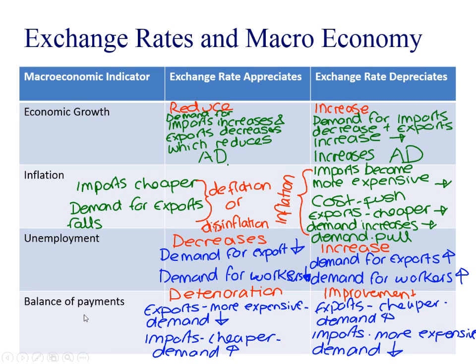And in terms of the balance of payments, which is contained within another presentation, when the exchange rate appreciates, you usually get a deterioration in the balance of payments because demand falls for exports and imports increase. We're looking at the current account here, or the trade account, and it should improve when we have an exchange rate depreciation.